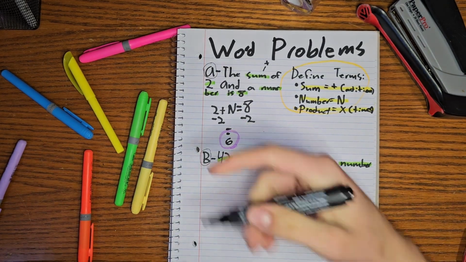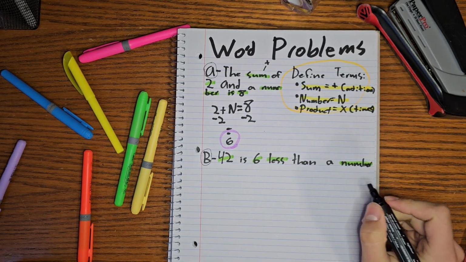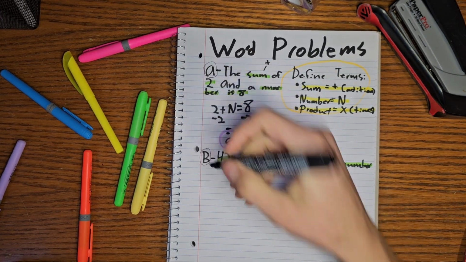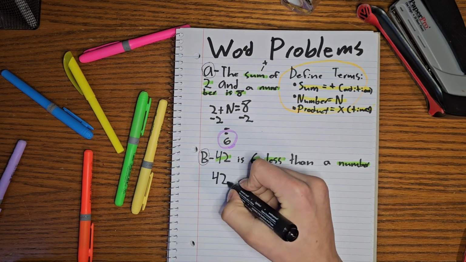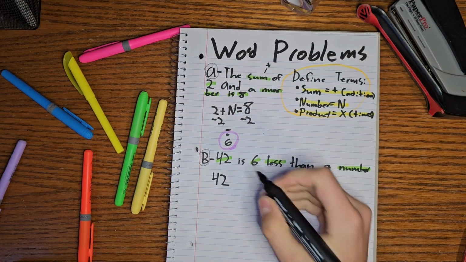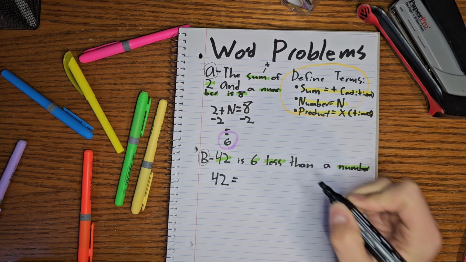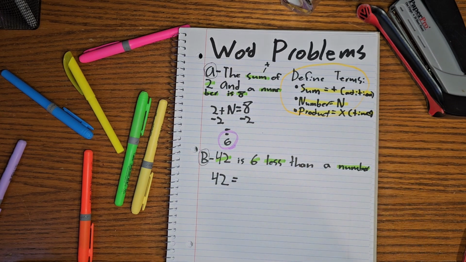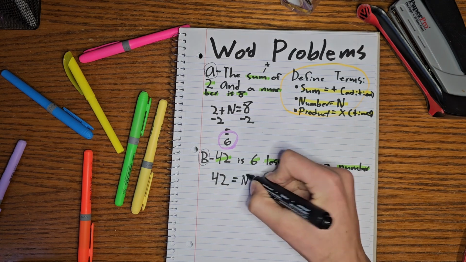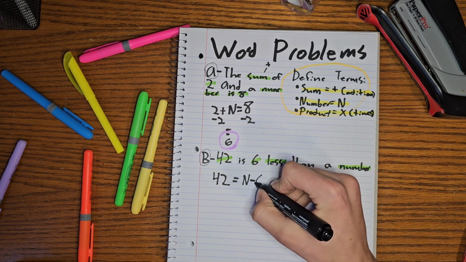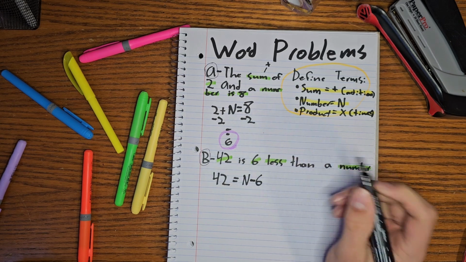All right, now we're going to be doing 42 is 6 less than a number. First we see 42 is, so is equals: 42 equals 6 less than a number, so n minus 6, because it's a number minus 6. It's not 6 minus a number.